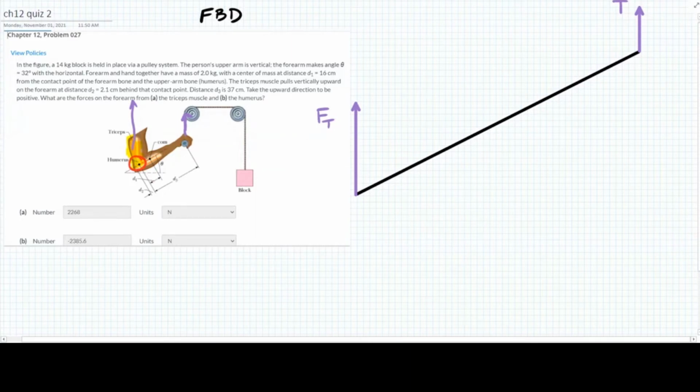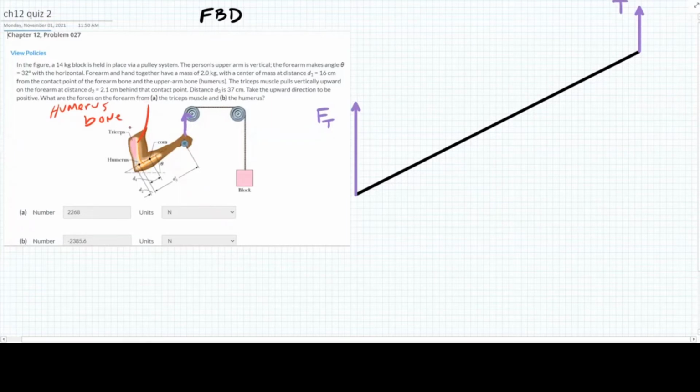Here's my humerus bone. So this is a good lesson in human anatomy and physiology. This is my humerus bone right there, and it's actually there as a pivot point or an axis of rotation.